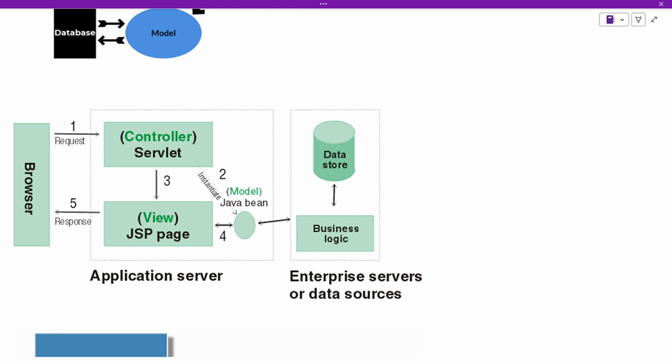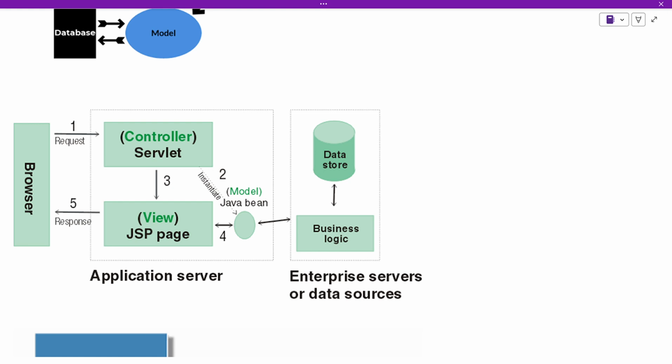So we can see there is a separation of concerns between the Servlet and the Java Bean model. Usually, when we write small programs, we try to put all these JDBC interactions within the servlet, right?